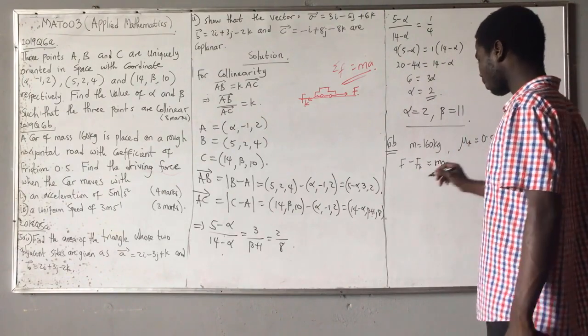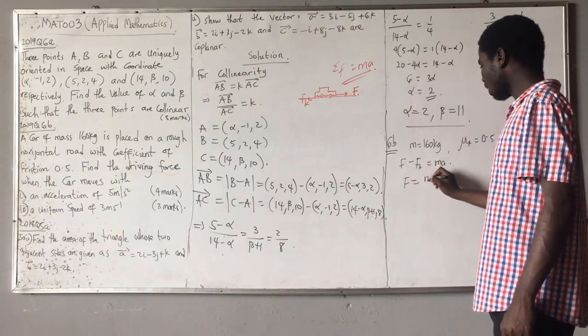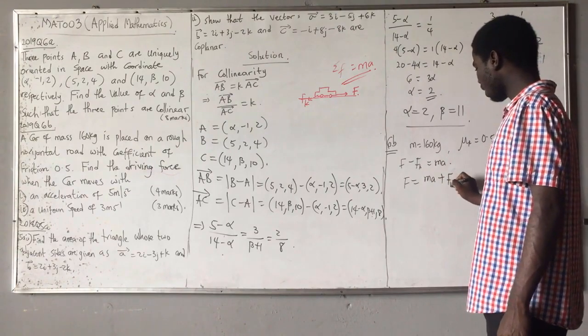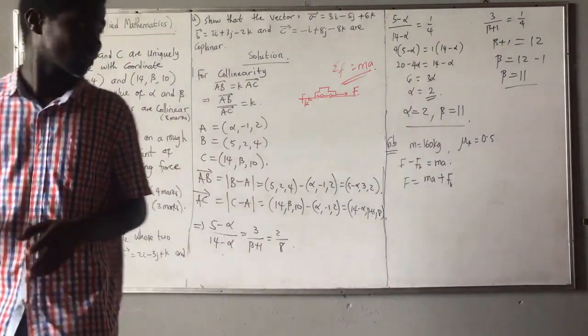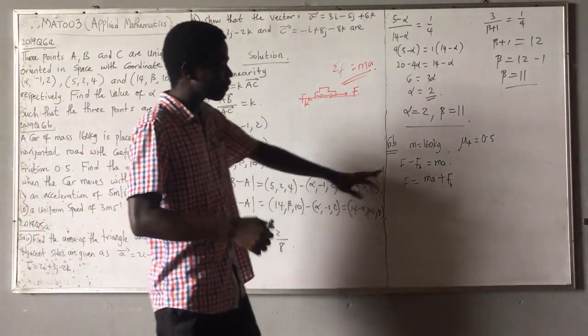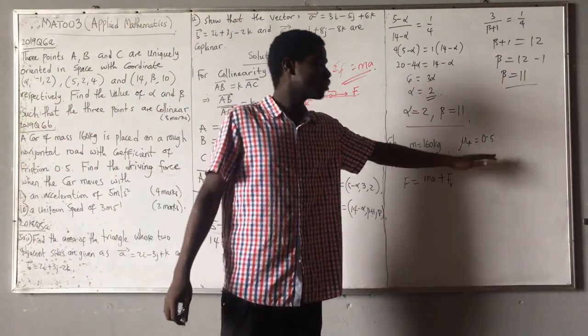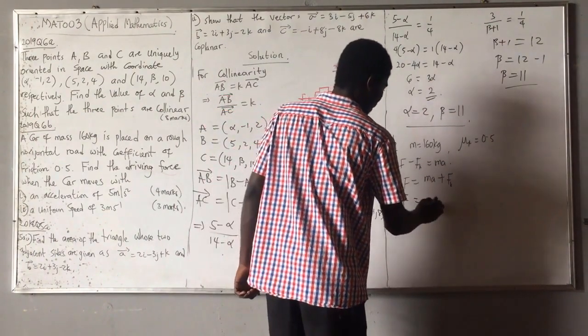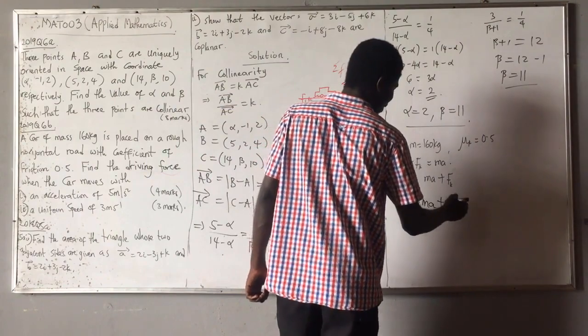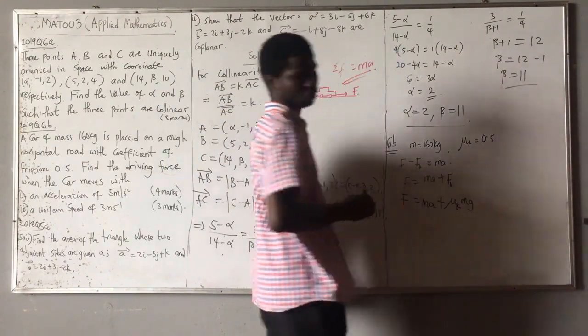So what is F? That's MA plus Fk, right? I have been given the coefficient of friction, 0.5. So F is equal to MA plus coefficient of friction times mg.